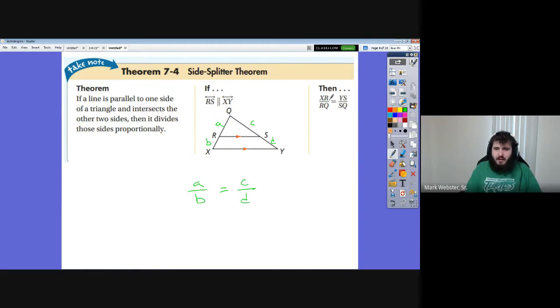So it would have been, instead of it being XR over RQ, I'm doing RQ over XR, and then this is flipped too. Yeah. RQ over XR and QS over YS, right? I'm flipping it around. So let's talk about, are we good? Everybody copied this that wants it?